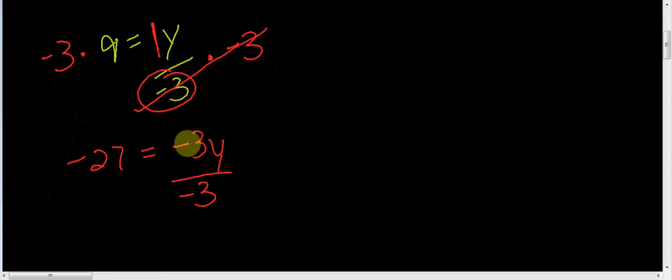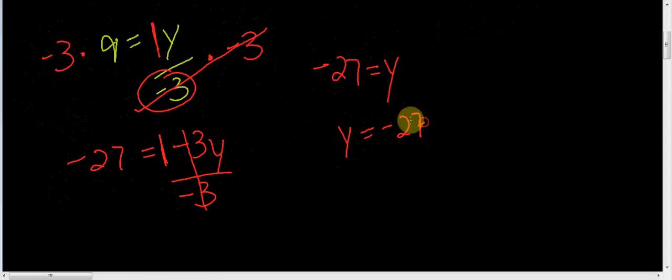And then at this point you see that negative 3 divided by negative 3 gives you that 1 that you need. So we have negative 27 equals y, and I'm going to write it with the variable on the left and say that y is equal to negative 27.